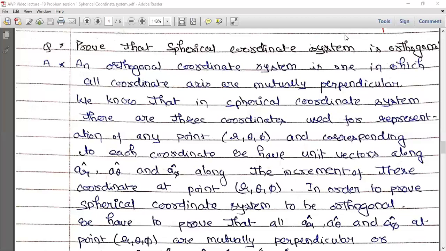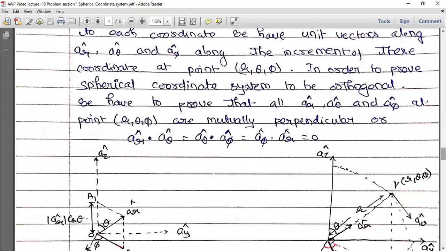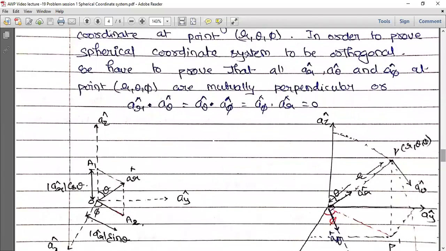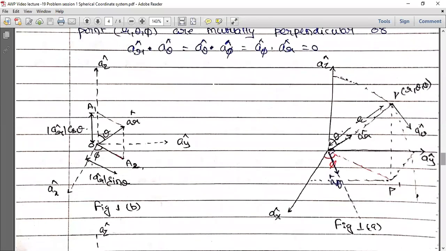In order to understand this, first of all we will go through the interpretation of AR, A theta and A phi. Where are they present?